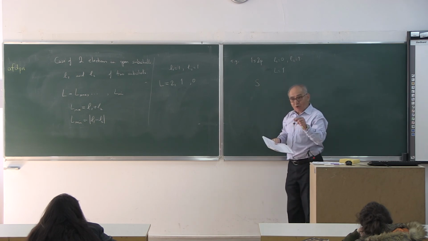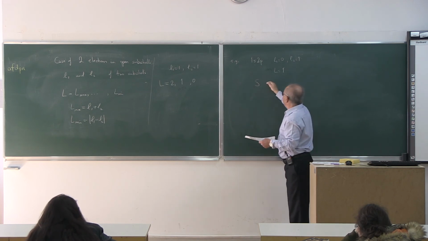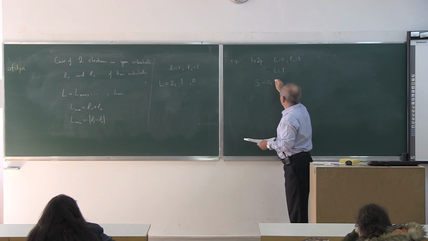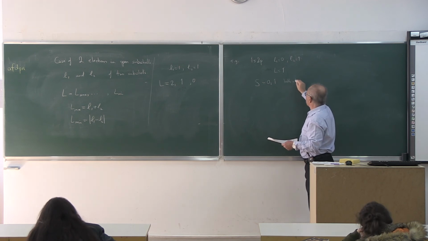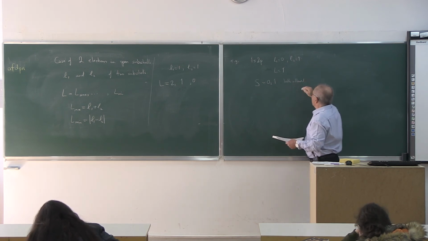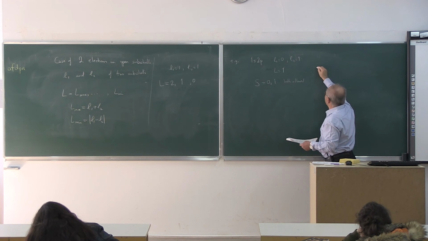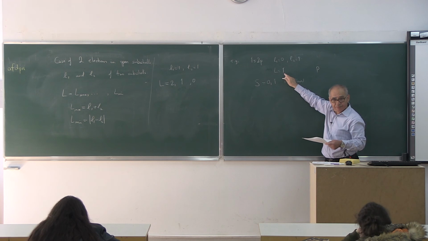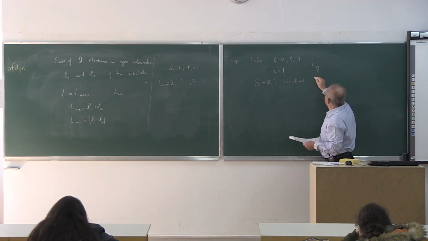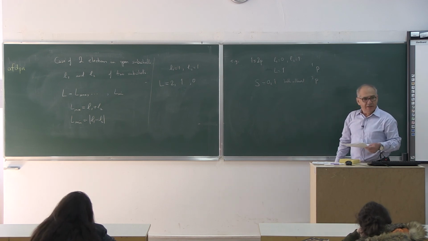We may construct both singlet and triplet space functions, so that S equals 0 and 1 are both allowed, so that the possible term symbols all have capital P, corresponding to L equals 1. Both singlet and triplet P term symbols are possible.